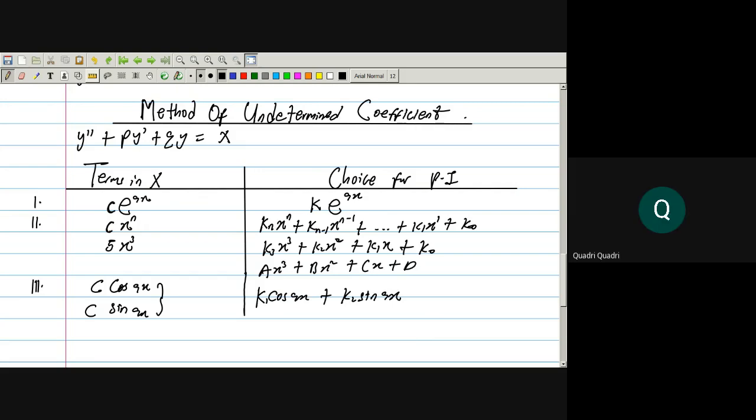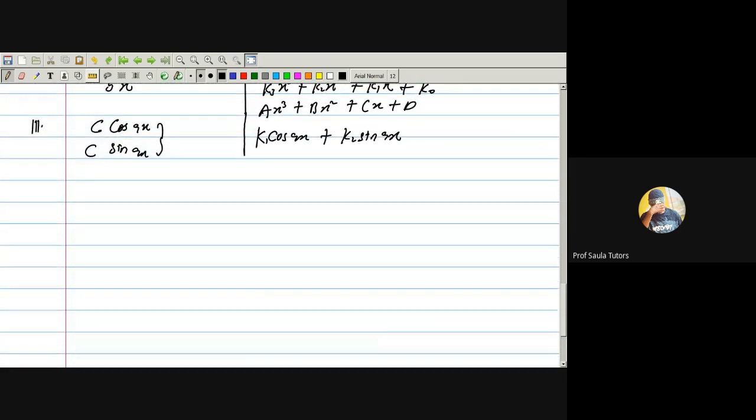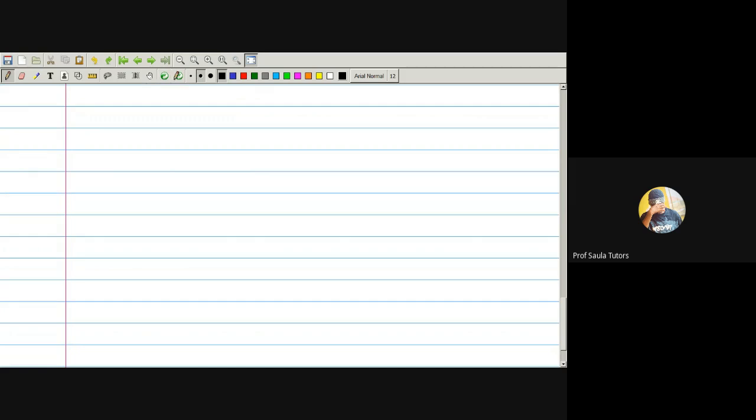Good. Now, let us solve a question using the method of undetermined coefficients. Pay attention. You have to solve the differential equation. Let's start from a simple one. I'll solve 2 questions on this so you understand. y double prime minus y prime minus 2y equal to 4x squared.